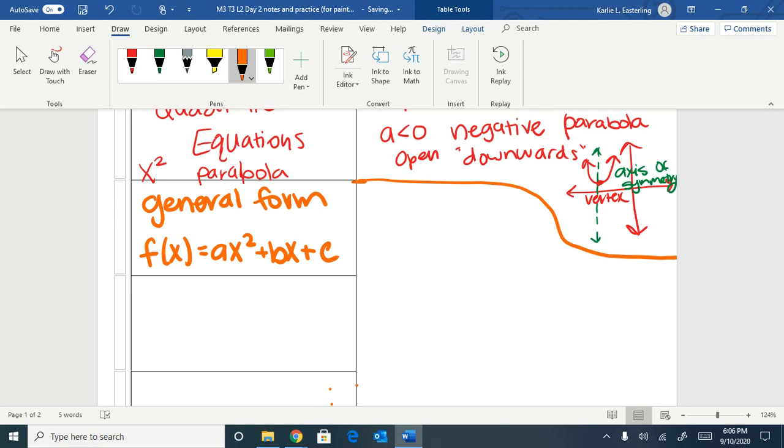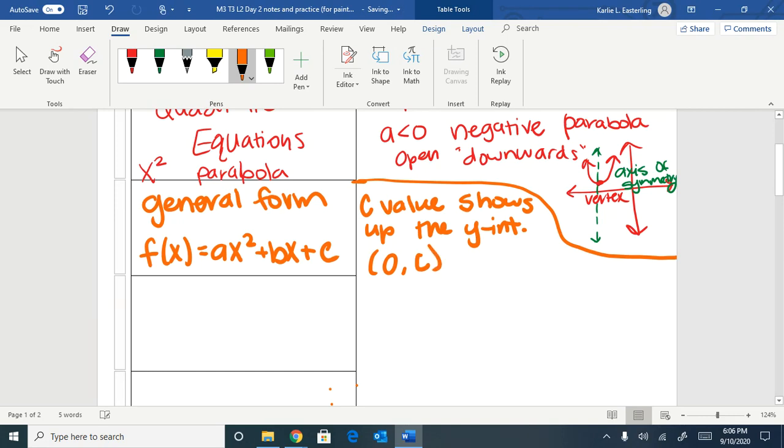The nice thing about this one is that the c value shows us the y-intercept. So as you remember, our y-intercept was (0, c). So the y-intercept is very easy to determine based off that.